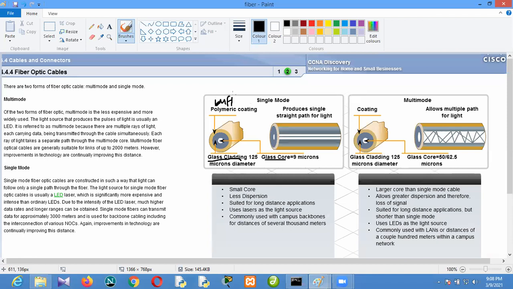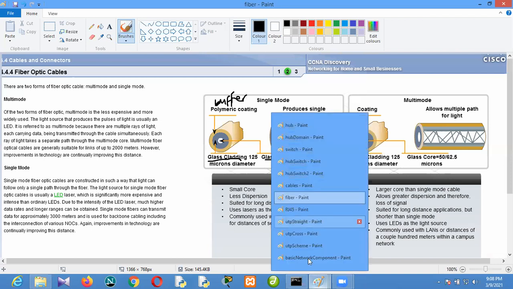Although this is just the basic structure of fiber, it could be more complex than this. But you just know the basic one: core, cladding, and buffer.